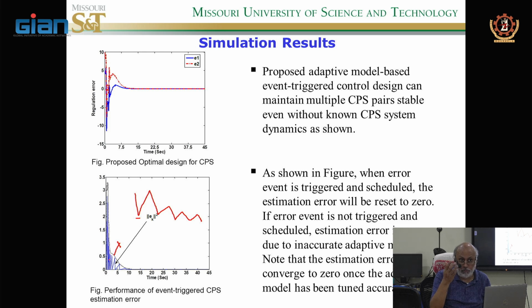Why do you need to transmit more often initially? That is the learning phase. Remember, you don't know A and B. So you are learning, so you have to transmit. You don't want to let it run open loop because it becomes unstable. But once you learn the matrices A_k and B_k, then you don't have to transmit too often.